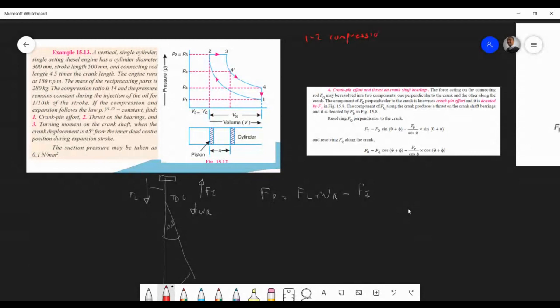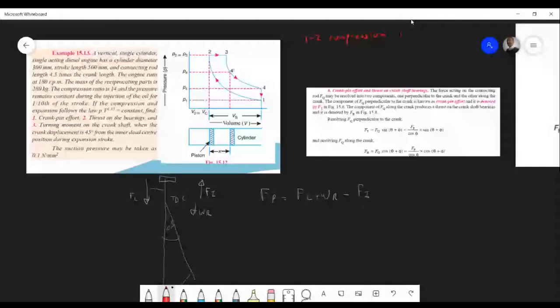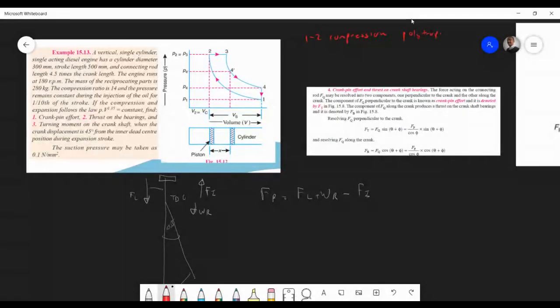What do we typically call it? Isentropic compression, maybe, but in fact it's polytropic now. 2 to 3 is constant pressure heat addition. 3 to 4 is your polytropic expansion.